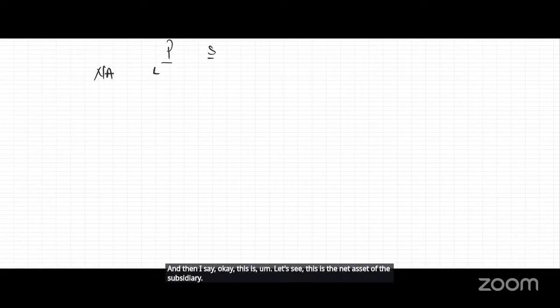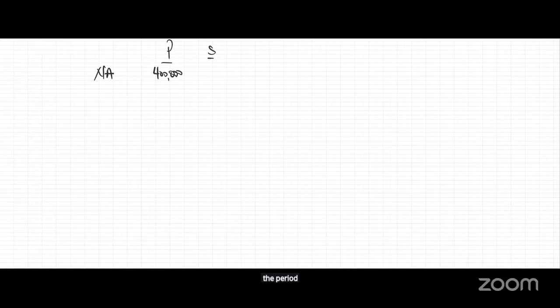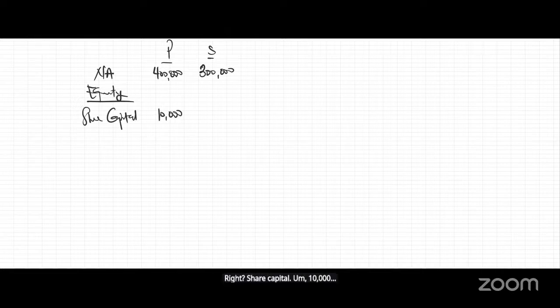So if I give you a dummy financial statement, parent, subsidiary, and I say this is the net asset: the parent 400,000, subsidiary, let's say 300,000. Then I have equity. So let's say I have share capital 10,000, 20,000.